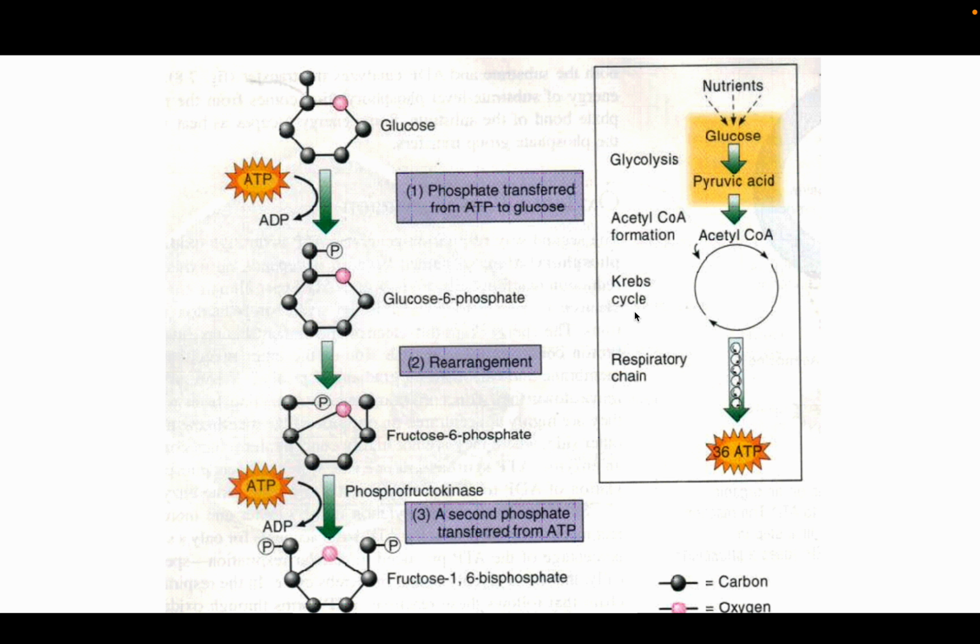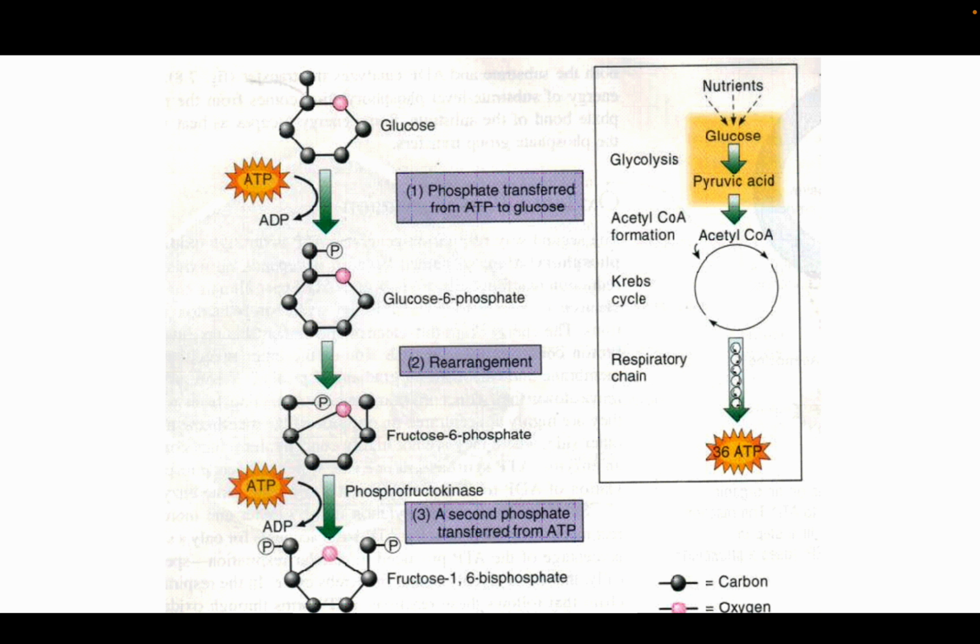Continue our discussion on glycolysis by looking at the molecular level, the sequence of chemical transformations from glucose to pyruvate. So let's take a look at each of them. Initially, glucose is phosphorylated.